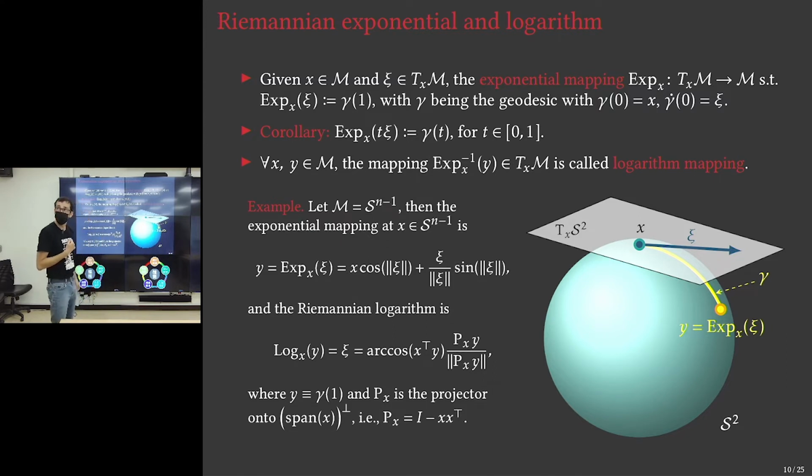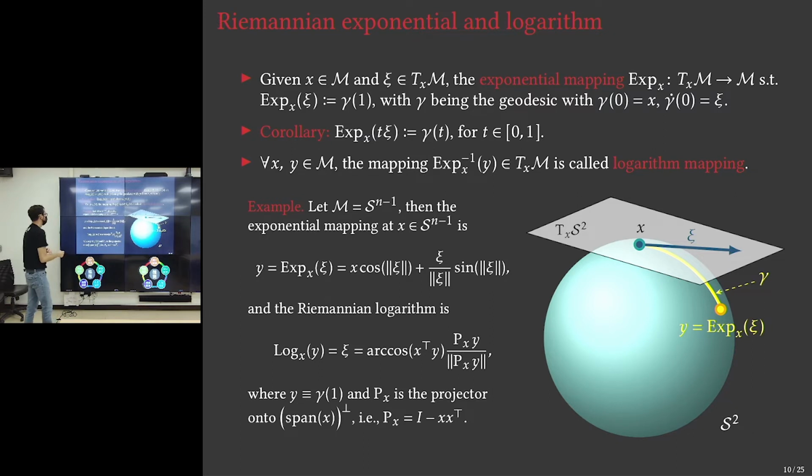And then we have the inverse. The inverse mapping is called the logarithm mapping. So for any two points on the manifold, like on the sphere, the inverse mapping is denoted by the inverse exponential of y at x, or also with log. So it's called the logarithm mapping. Given x and y, it gives us psi.